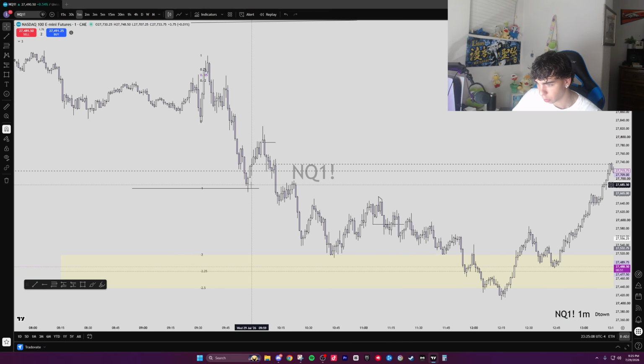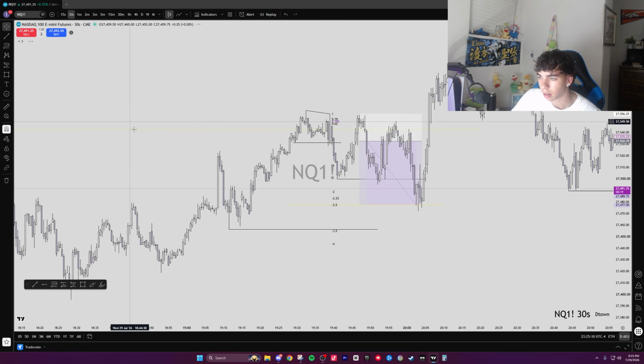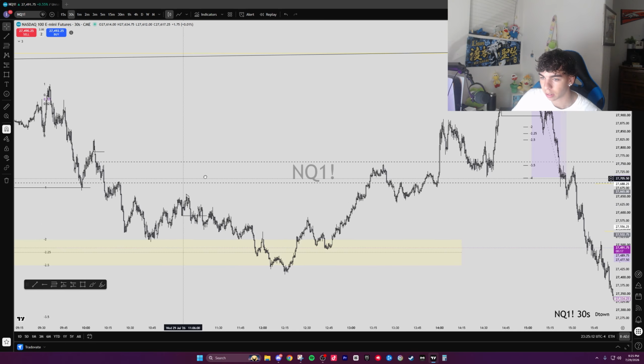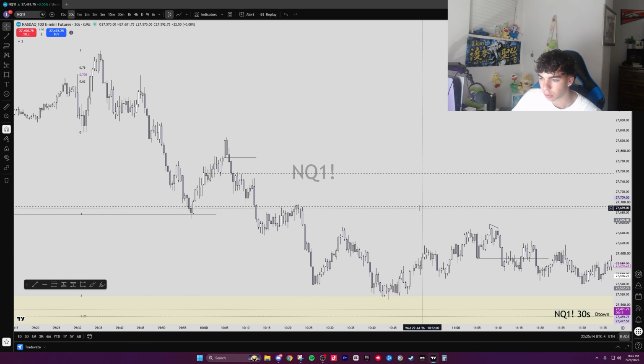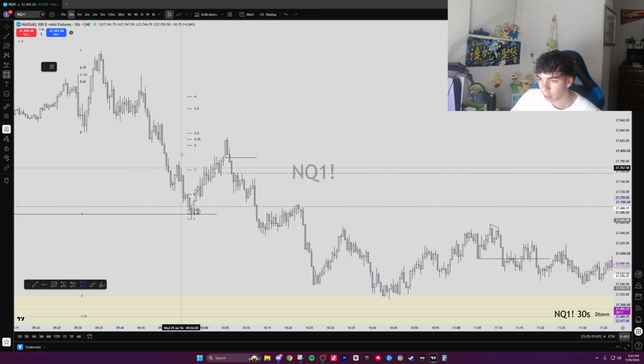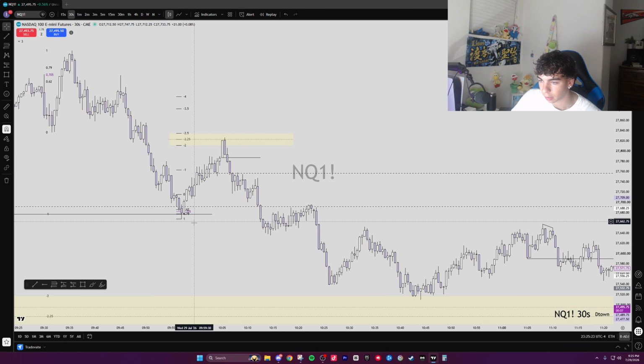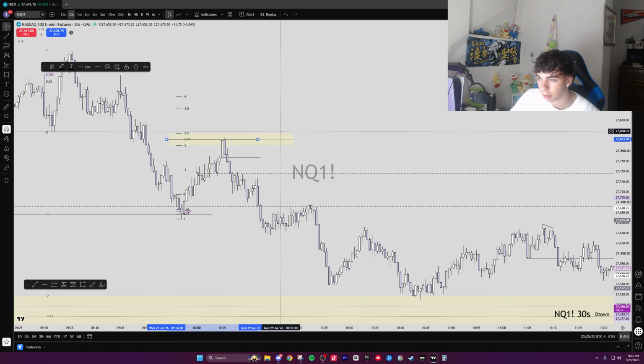Also, another short that you could have taken based on hitting the 1 and getting a pullback. Let me zoom in. Look at this. Bam. So again, consecutive legs that make the low. 30 seconds, these 3 candles after hitting the 1. Where do we top out at? The 2.5 or the 2.25. That's the exact level, so you can mark that out.